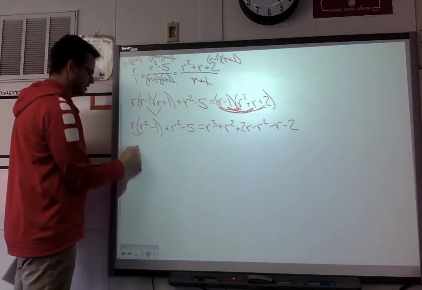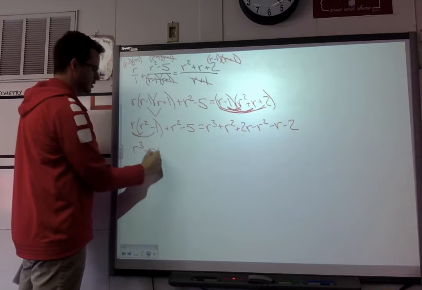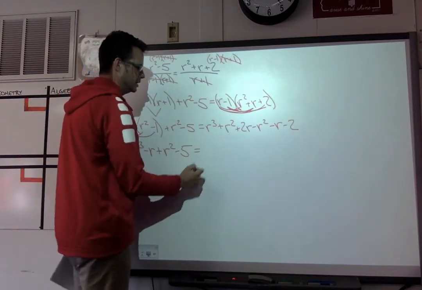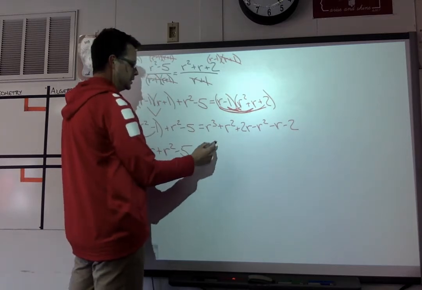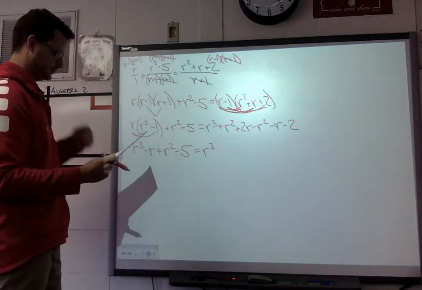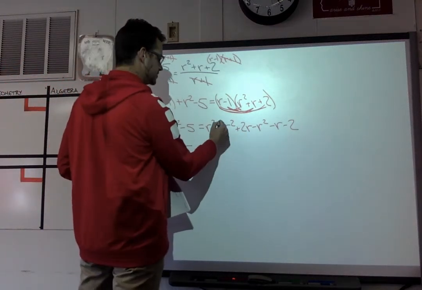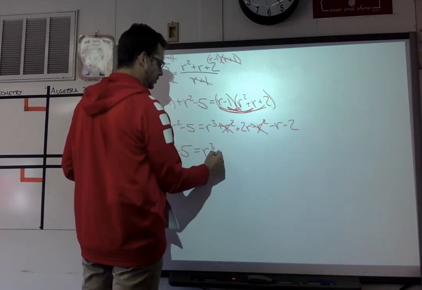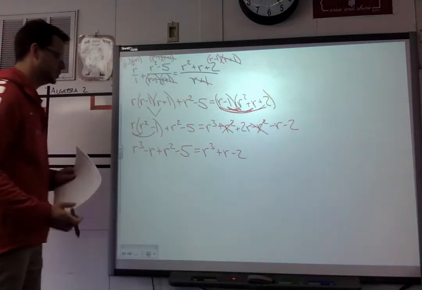So this is going to give me r cubed minus r plus r squared minus 5 equals, when I simplify over here, I've got r cubed, let's see, r squared minus r squared, those cancel. 2r minus r will leave me with positive r, and then minus 2.